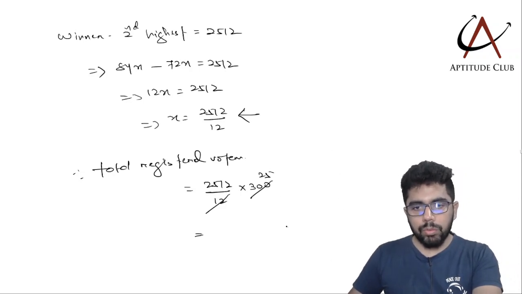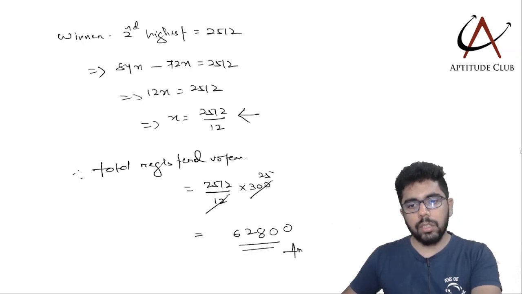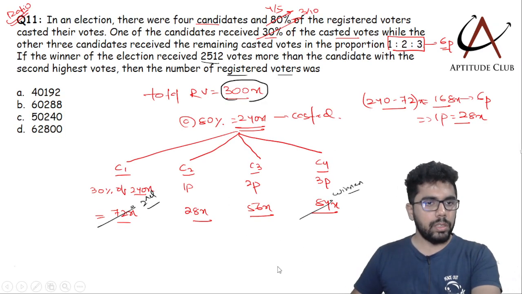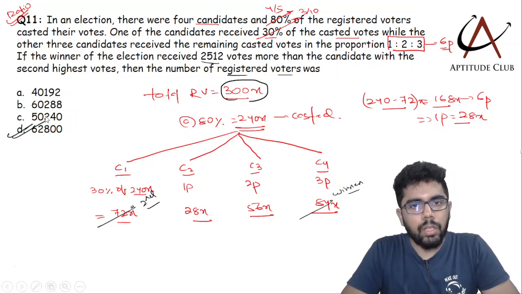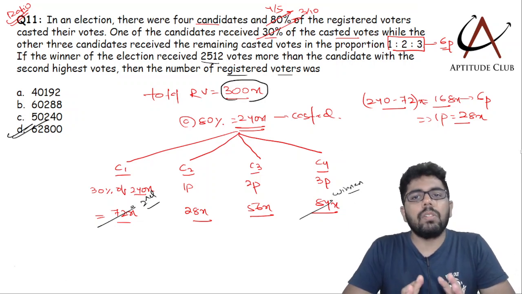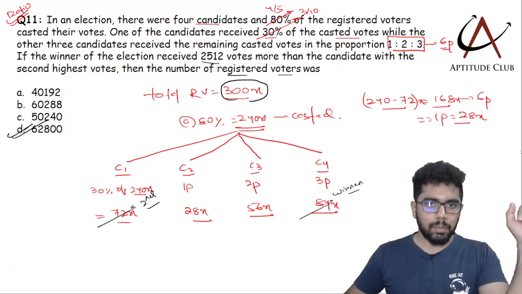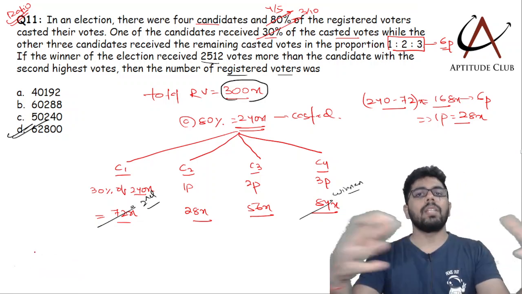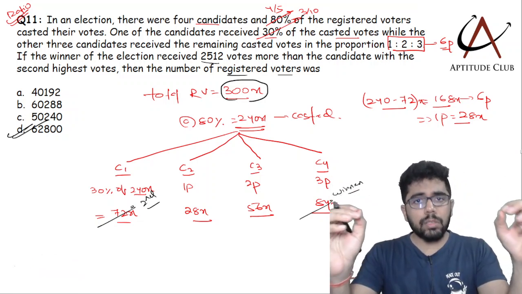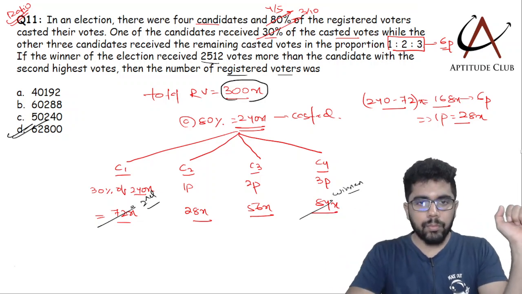So 25 into 250 carry 5, 25 0 carry 3, 25 5 125, 8 carry 12, 25 2, so 62,800. This should be my answer. Is it there in the options? Yeah, 62,800. So very simple question on ratio, and it's a must solve question in the exam. These are fundamental ratio questions, level 1 questions that we solve while reading the chapter. So definitely this is a question that all of you should have solved.